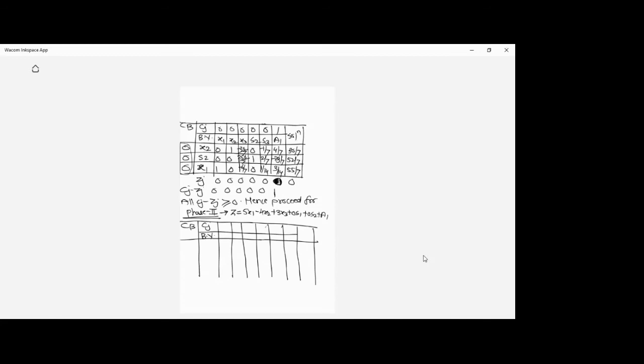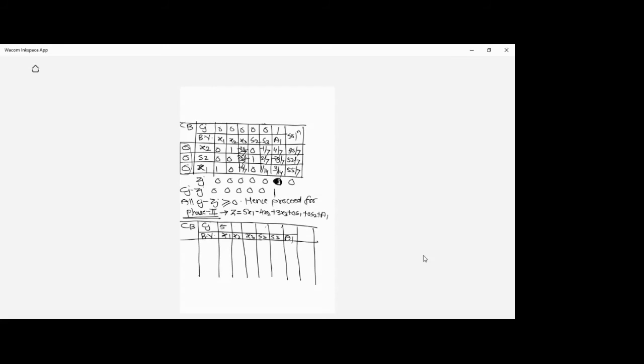In phase 1, we only dealt with the artificial function. When we come to phase 2, we have to go for the original objective function. So here it will be x1, x2, x3, s2, s3, and a1, and we have to write the coefficients of these variables in the original objective function.